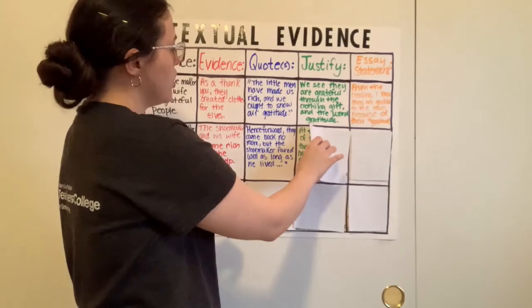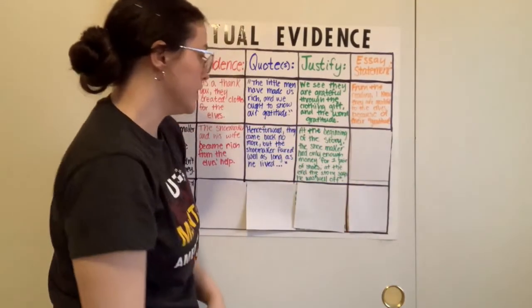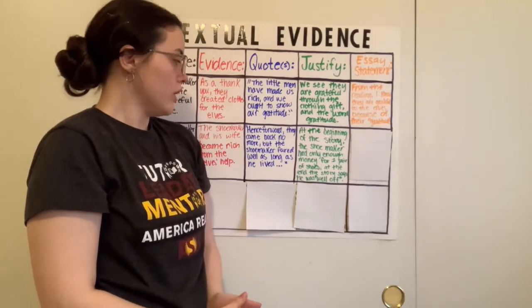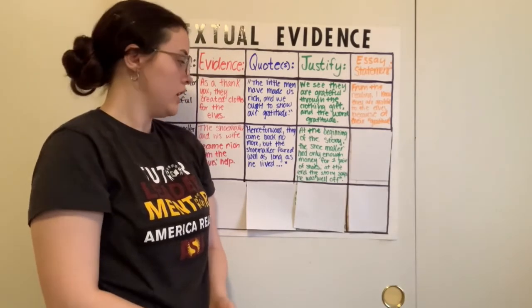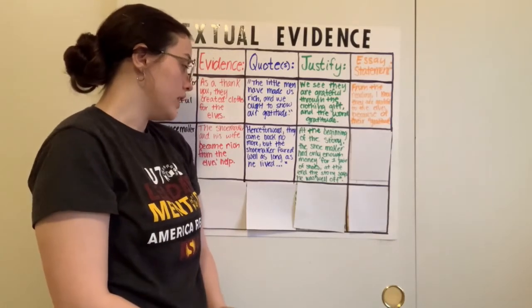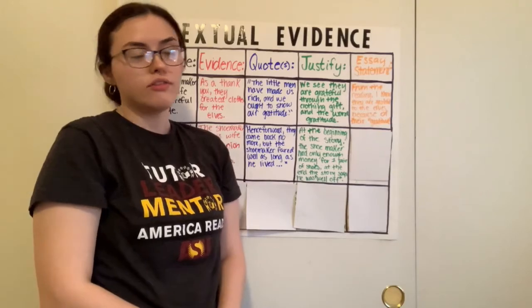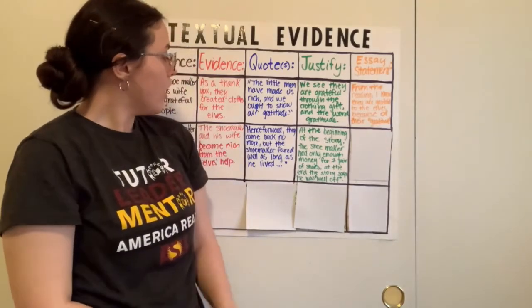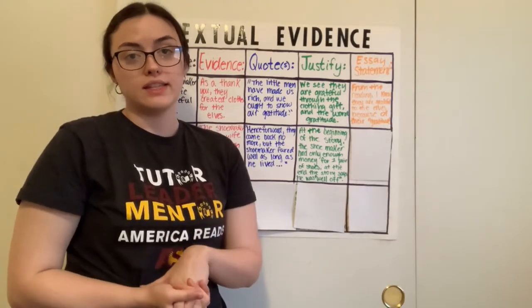Let's go ahead and reveal our justification. I put, at the beginning of the story, the shoemaker had only enough money for one pair of shoes. However, at the end of the story, it tells us that he was, quote, well off. Now, using all of this evidence, I want you guys to go ahead and create an essay statement.